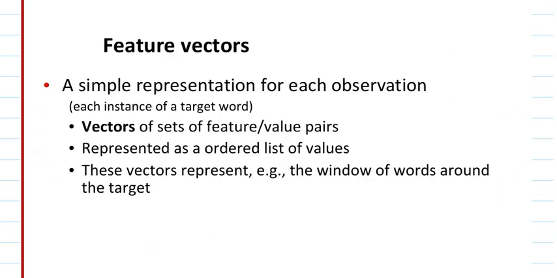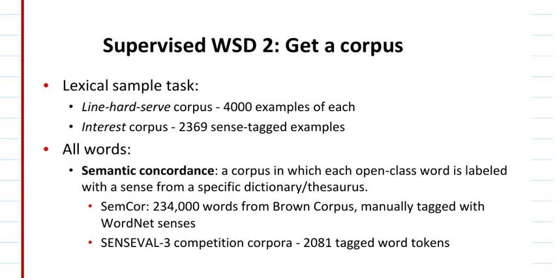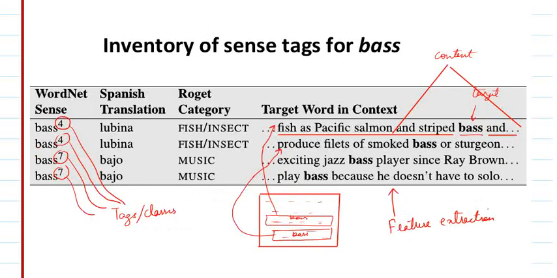So how do we extract the features? We extract the features from the given sentences, or the given context of that particular sense. So we extract the features from each of these, right? Each instance of the sense will generate a document, right?